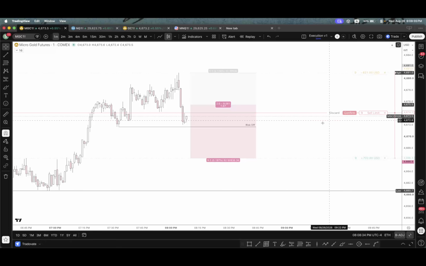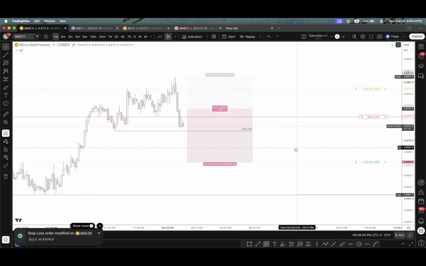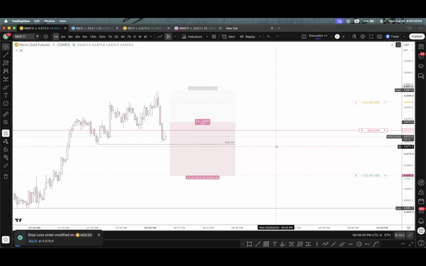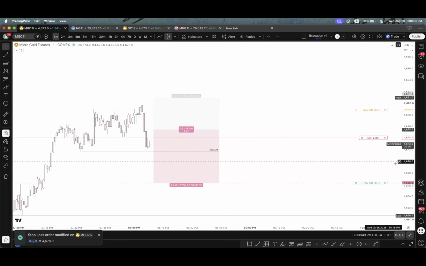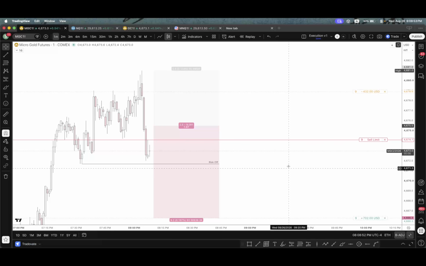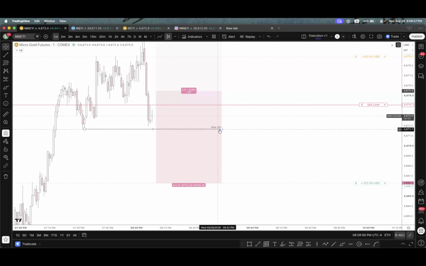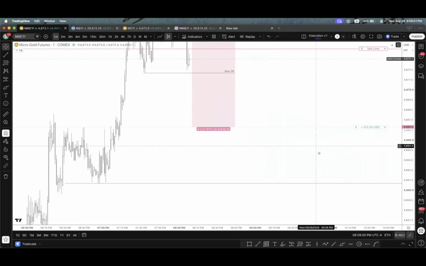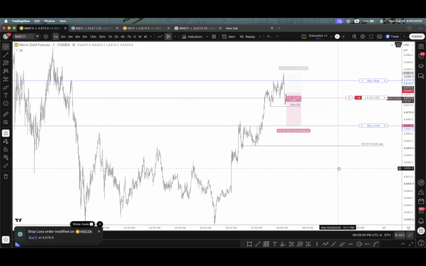I think if we move this right here, we're going to have to take this down a little. The reason I did this is because we have two gaps now. Are we going to get the fill? So yeah, I'm probably going to go break even right here, just because that is the first. Yeah, this is the second one.